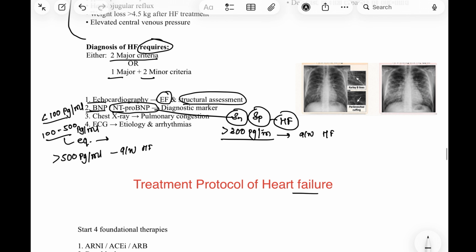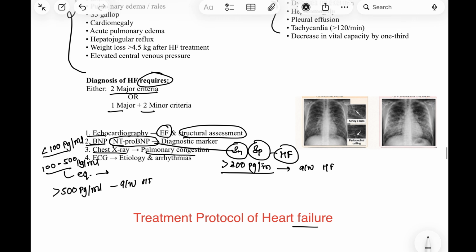Coming to the third one, that is a chest X-ray, we can diagnose pulmonary congestion here. I hope you can appreciate the Kerley B lines and peribronchial cuffing. Also, you can appreciate in this X-ray the bat wing appearance. Right?